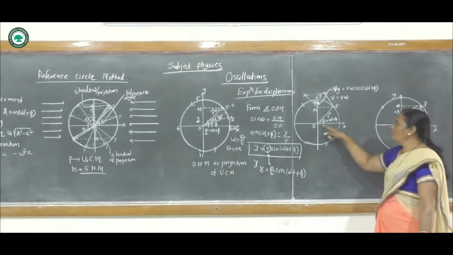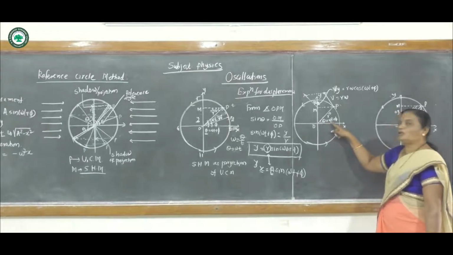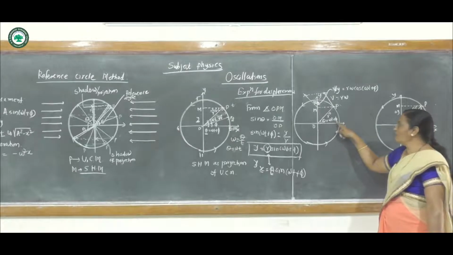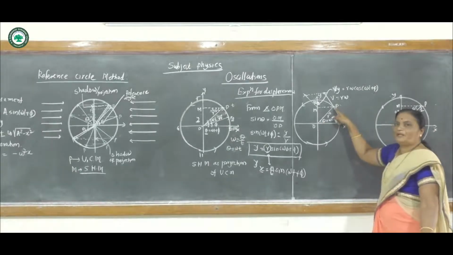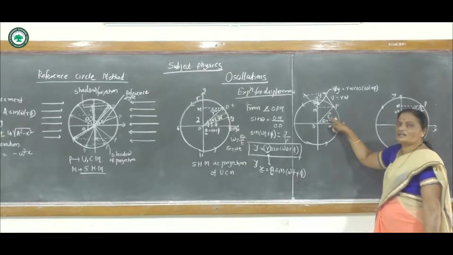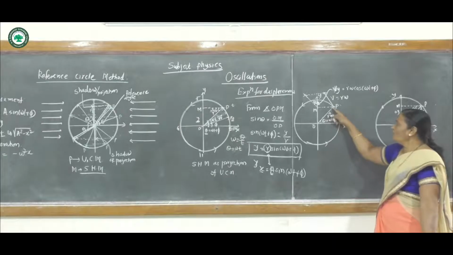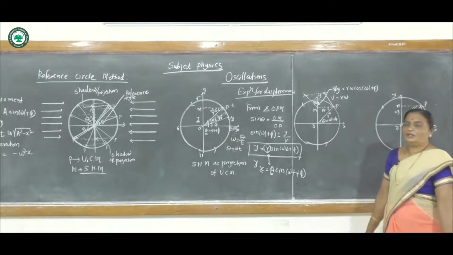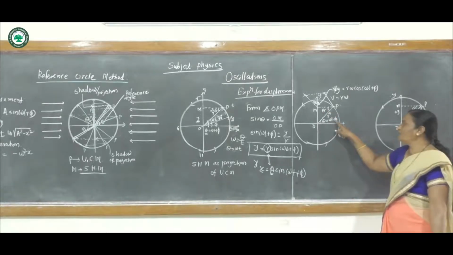Now suppose the angle is theta, equal to omega t plus phi. This is the radius vector to point P, at a distance r. r is also called the position vector. This angle is also theta, having the value omega t plus phi.